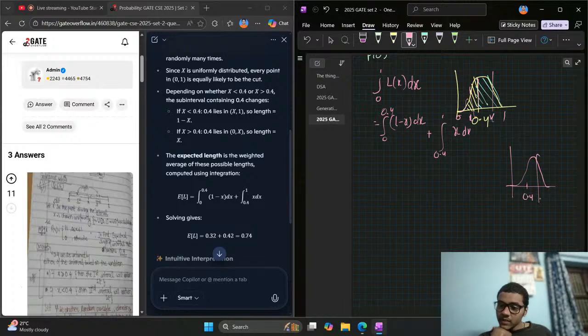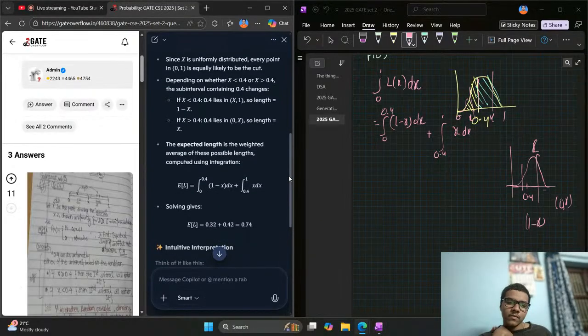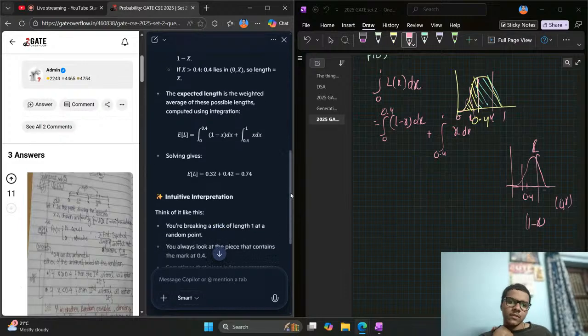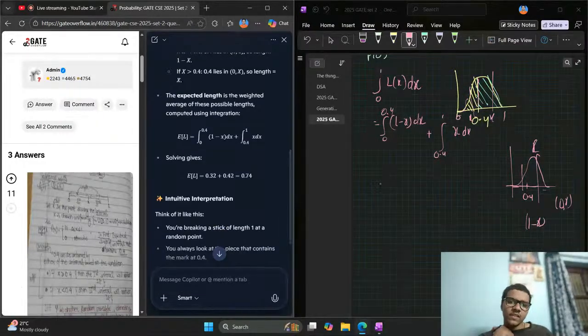How do you get this length? This is the cut x. If the cut is here, it lies in 0 comma x, and if the cut is the other side, it lies in this, so 1 minus x is going to be the length. Okay, that makes sense. It is the weighted average of all of these possibilities computed using integration.